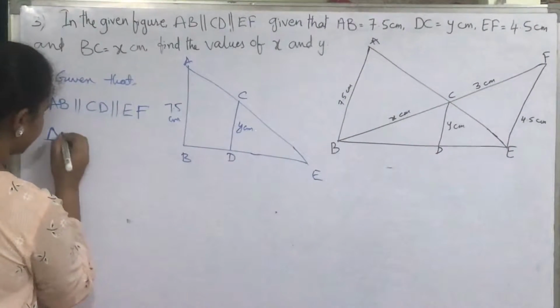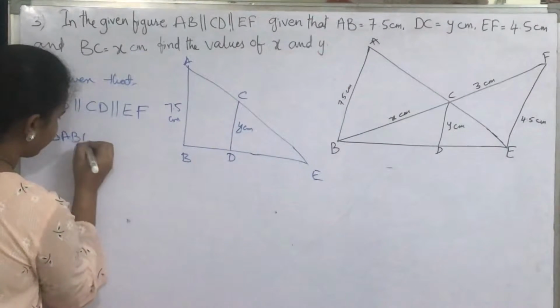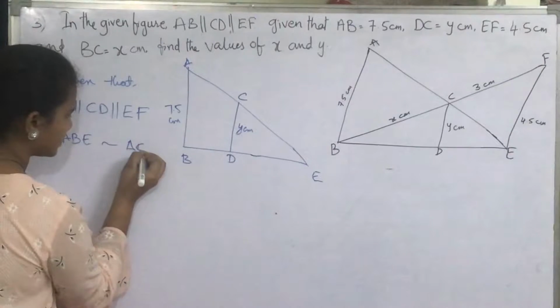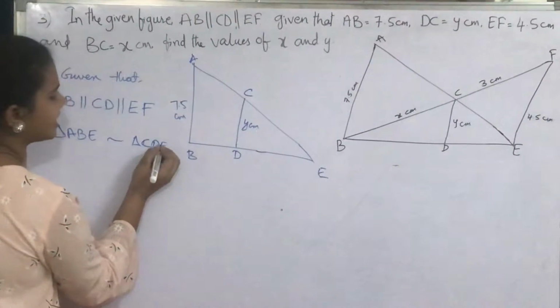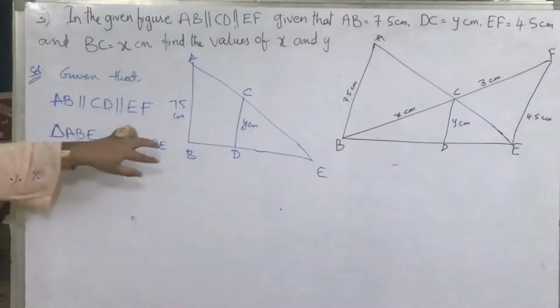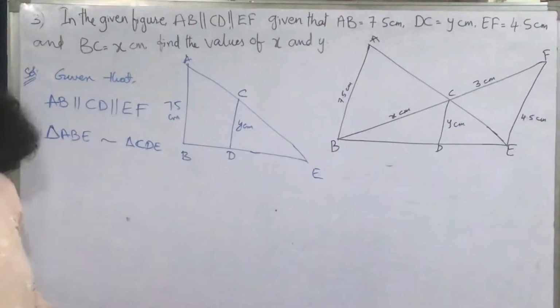By the given question I can say that triangle ABE is similar to CDE, because here given that CD is parallel to AB, right?